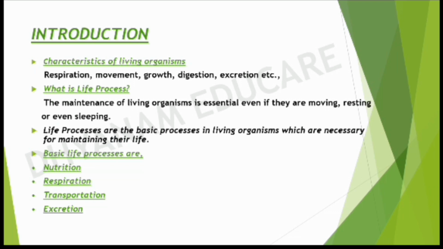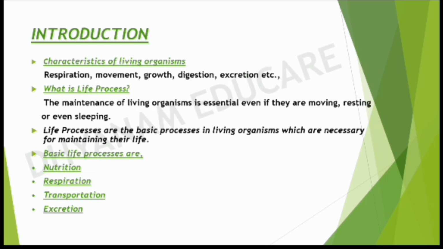How can you classify those things? Let me take some examples like fan, table, a man, a dog. You can classify living and non-living things very easily, right? Which are the living things in this example? Man and dog are living things. Fan and table are non-living things, right?